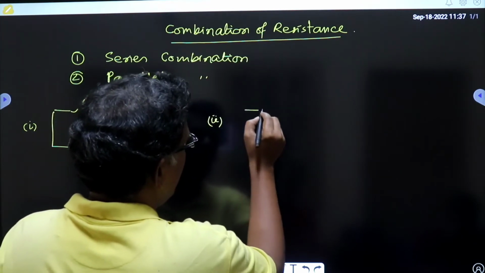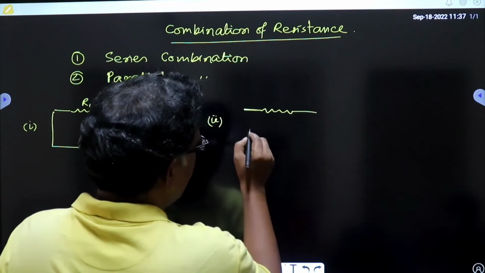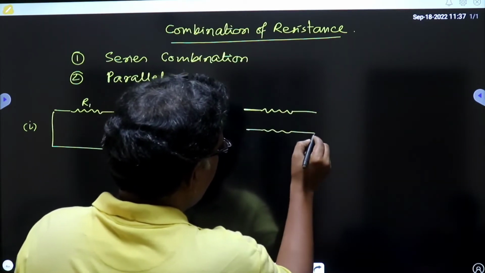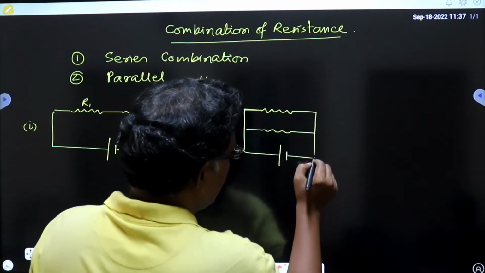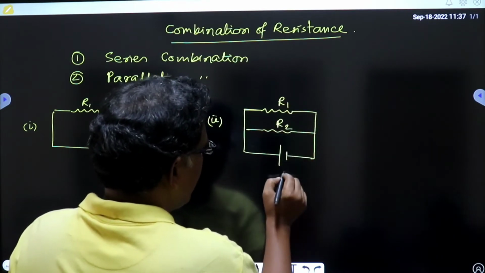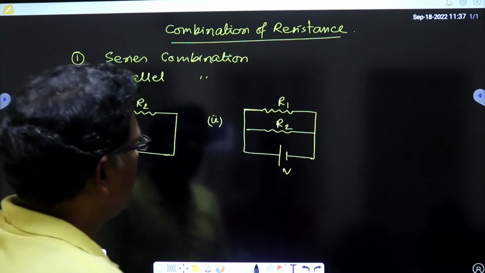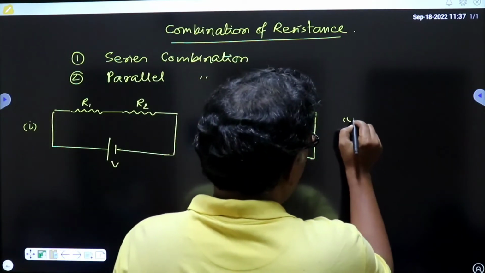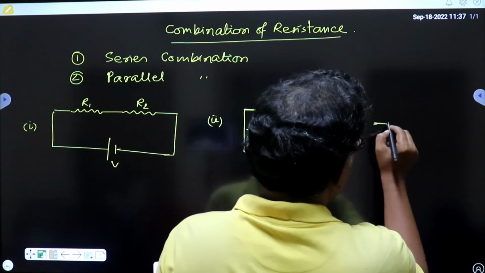For example, if I take two resistors like this, they are connected to a battery of a certain potential difference like this. Okay, suppose applied voltage is something V. Suppose we are taking resistors like this.